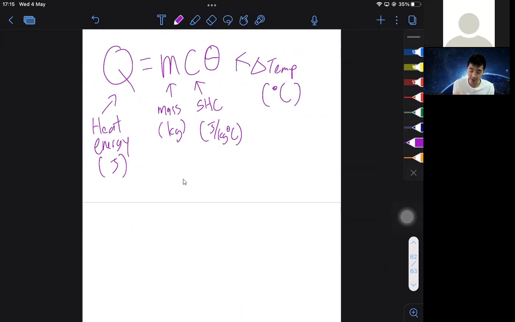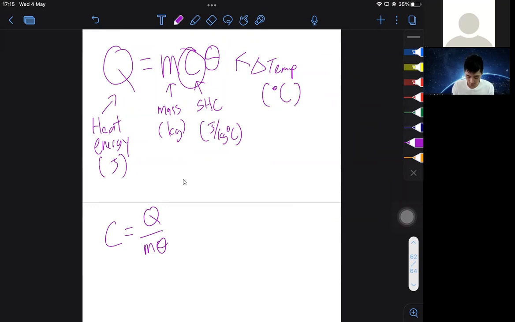Today, if I want to define specific heat capacity here, first things first, I want to make specific heat capacity the subject. Making specific heat capacity the subject here, C would be equal to Q over M theta, right? Anyone not good with algebra, needs me to explain this? I think you all should know how to rearrange it to make C the subject, right?